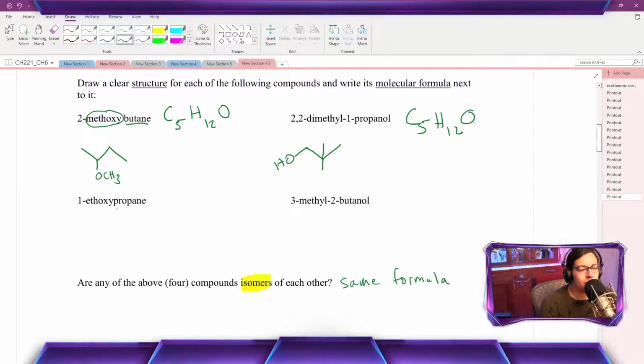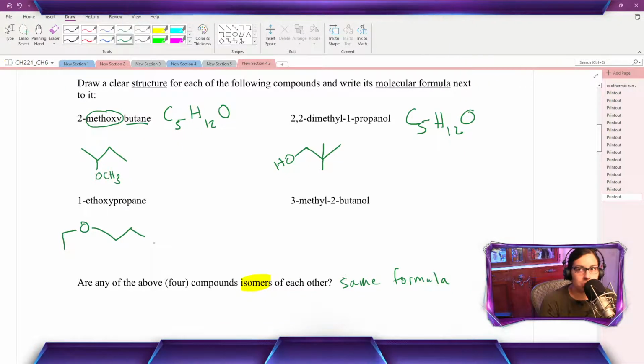1-ethoxypropane. Let's start off with our propane again. And then ethoxy. Put our 1 there, and then our ethyl. So it looks like an ether. Oops, did I drop a carbon accidentally? 1, 2, yeah, I did.